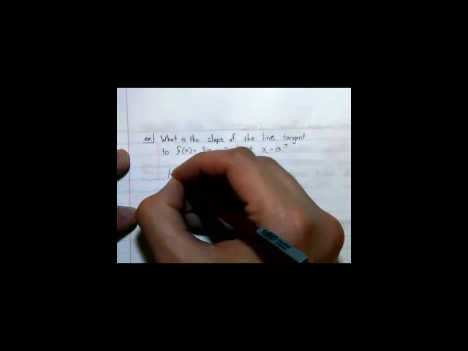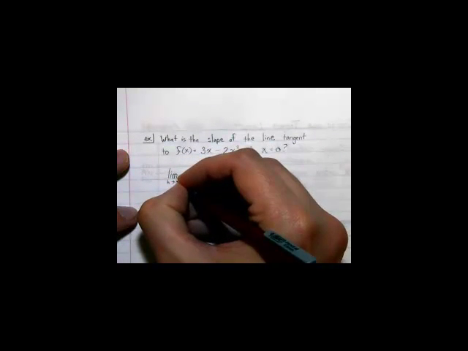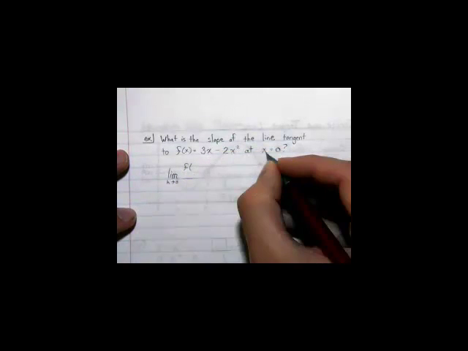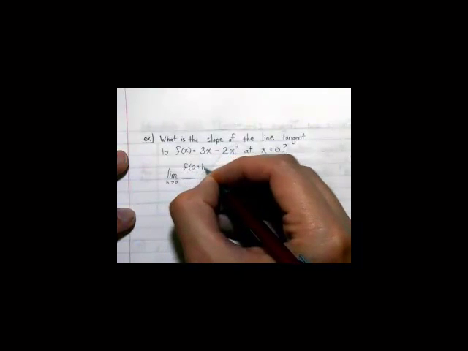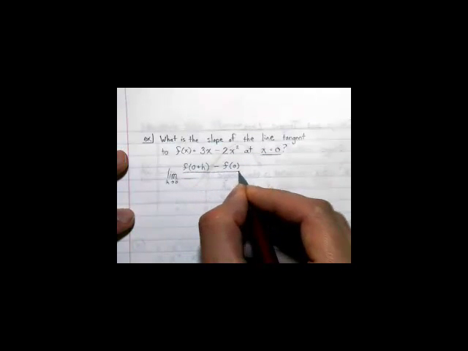Okay, so to answer this question, I have to do that whole limit business again with h, right? So we're going to do the limit as h approaches 0 of f of, in this case, because I want it when x is equal to 0, it's going to be 0 plus h, minus f of 0, all over h.